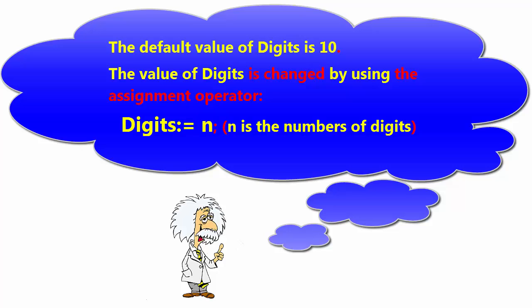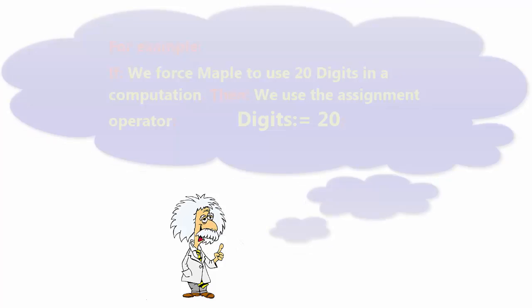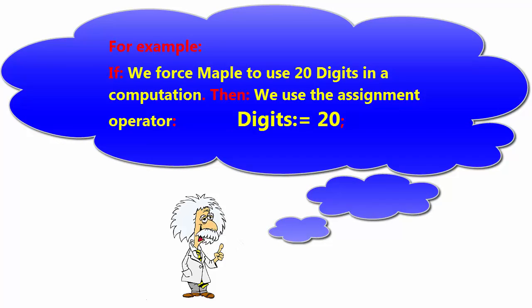The value of digits is changed by using the assignment operator, digits equals n. N is the number of digits. For example, if we force Maple to use 20 digits in a computation, then we use the assignment operator, digits equals 20.